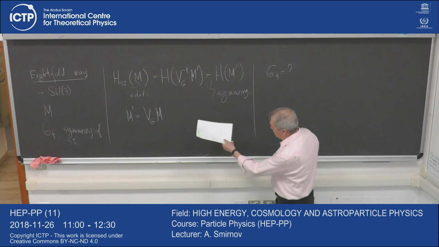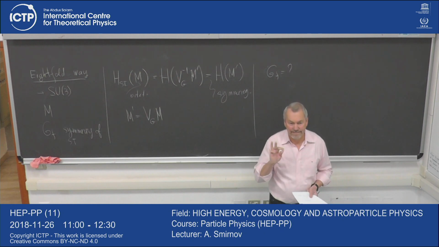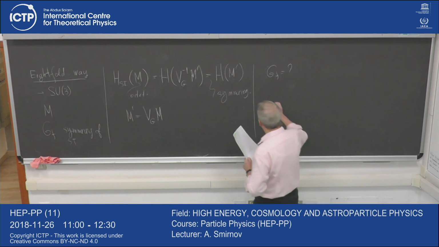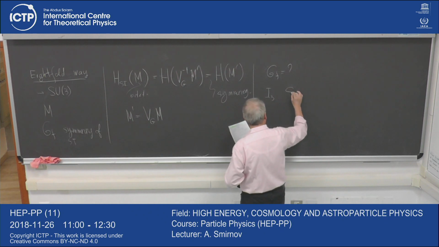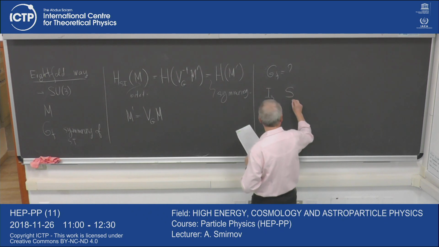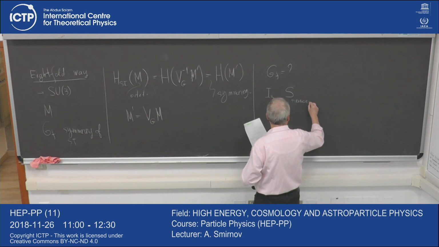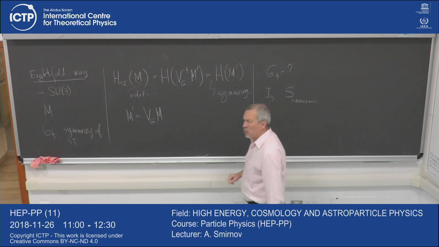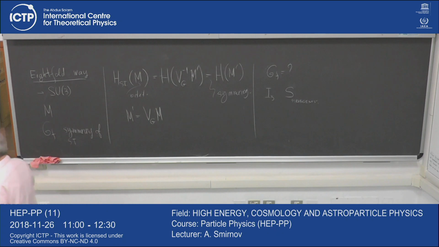Second, in constructing these octets, we actually use two quantum numbers. That was I3, and that was strangeness. So these are physical quantum numbers, right? Strangeness and isospin.